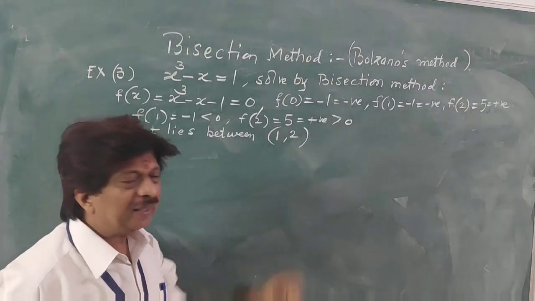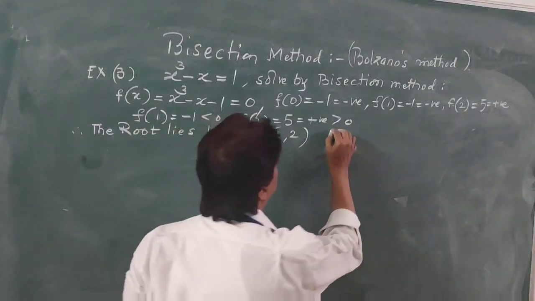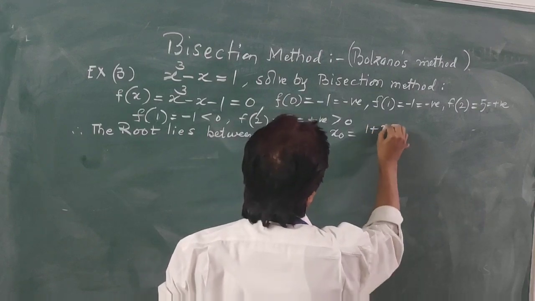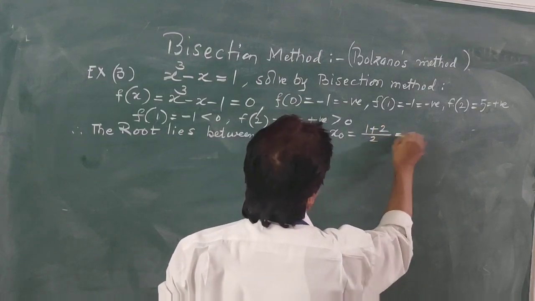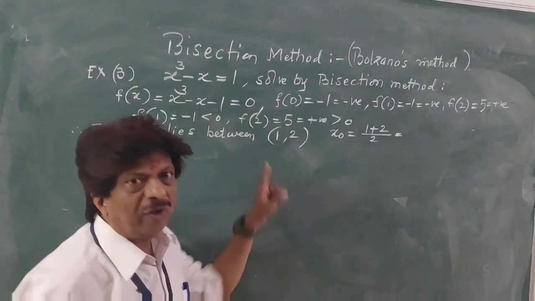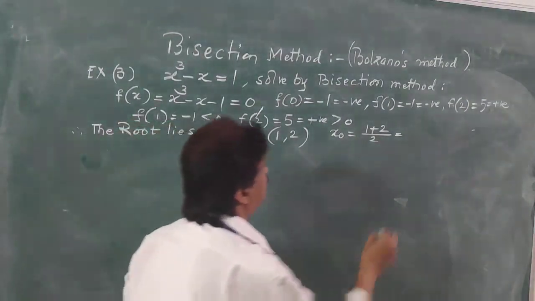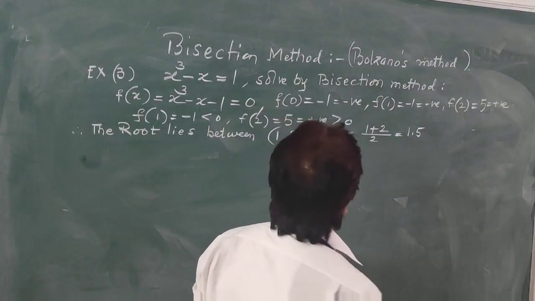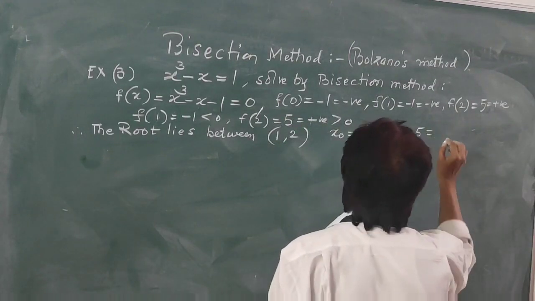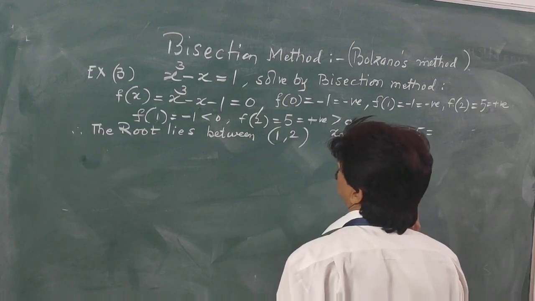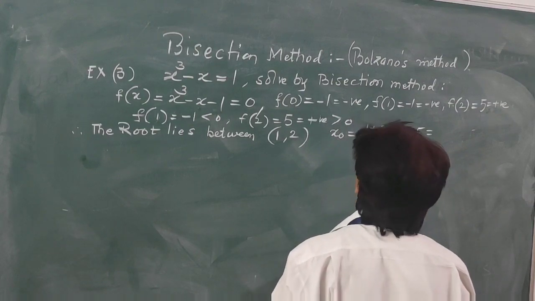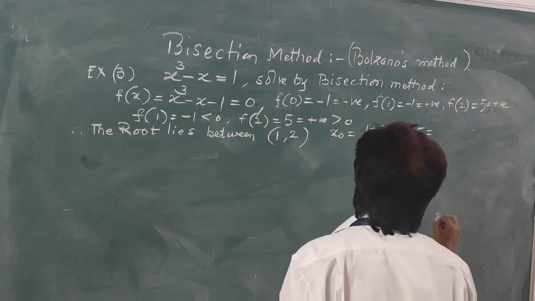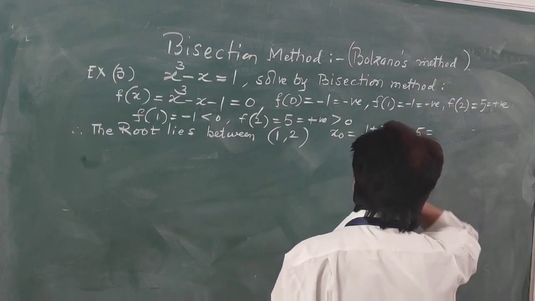Say the midpoint is x0. x0 is 1 plus 2 divided by 2, which is 3 by 2. So the midpoint of this interval is 1.5.